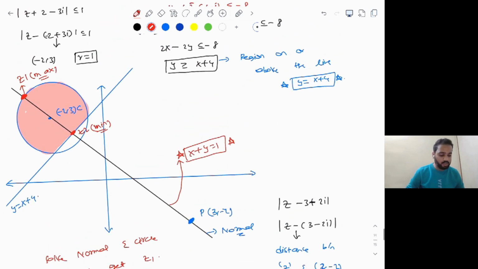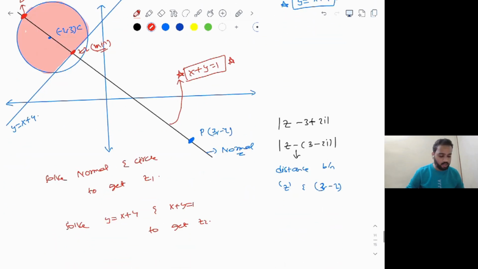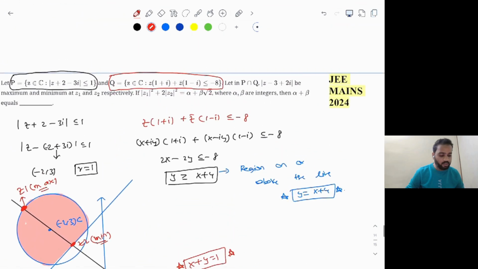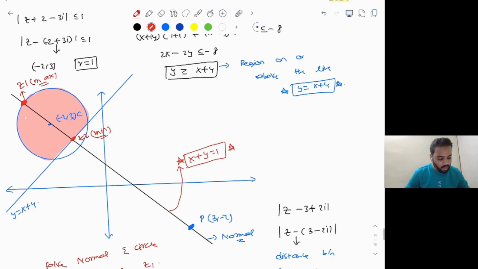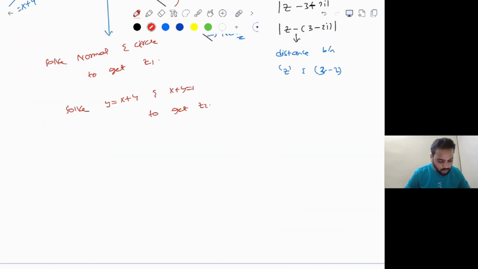And once again, I'm leaving the solving part to you so that you can do it later. So once you get Z1 and Z2 complex numbers, you can substitute them here and compare with the right hand side alpha plus beta times root 2. And from there, you will get the values of alpha and beta. And at last, you have to find out the value of alpha plus beta. And I'm writing the answer for this once again. Alpha plus beta in this case is equal to 36.